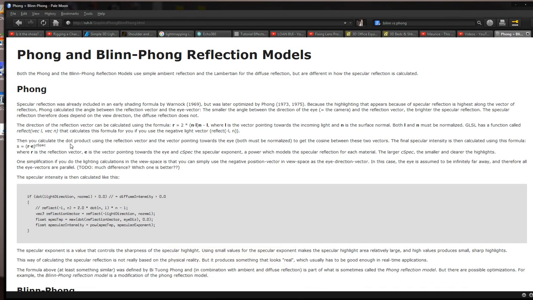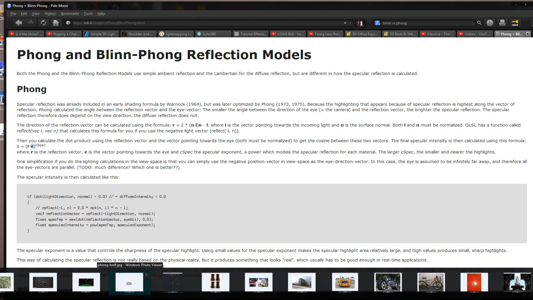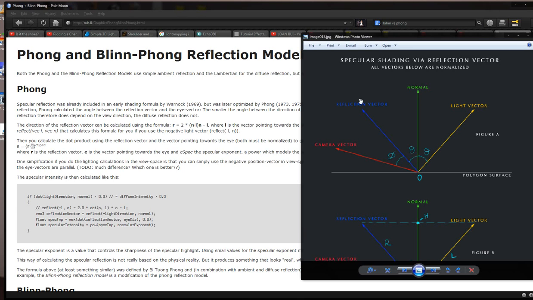So then we take, well, the specular model is then equal to the reflected direction times E, which is the view direction. So they use E here. I like to use V for viewing direction. Some would use C for camera direction.